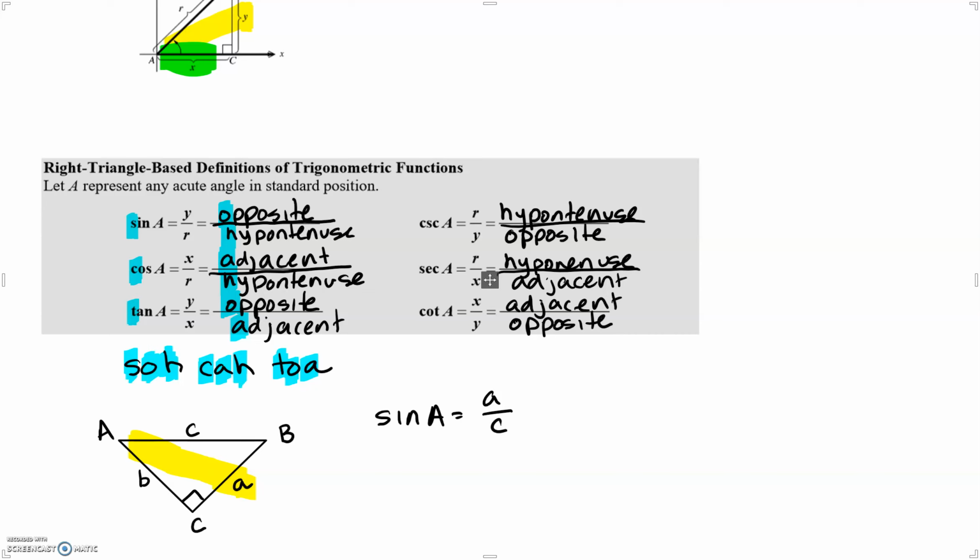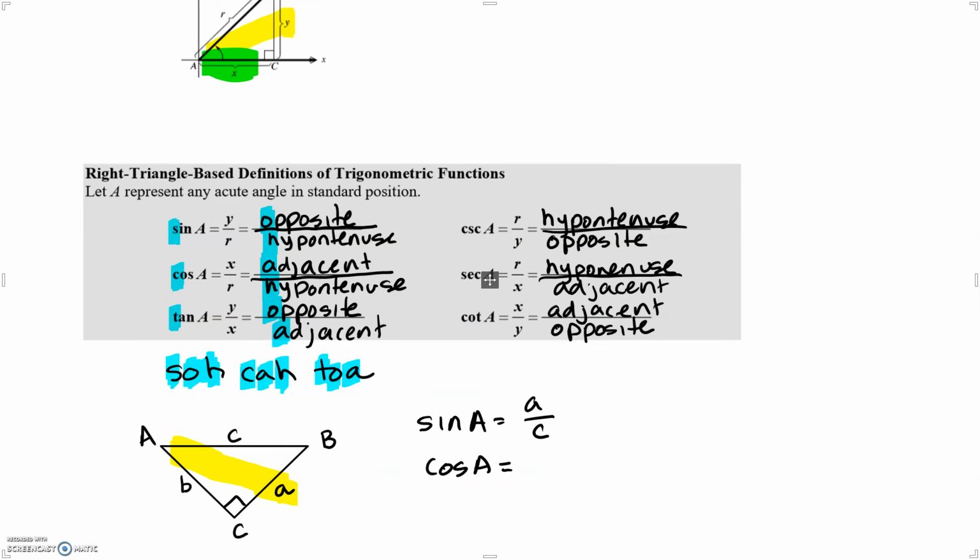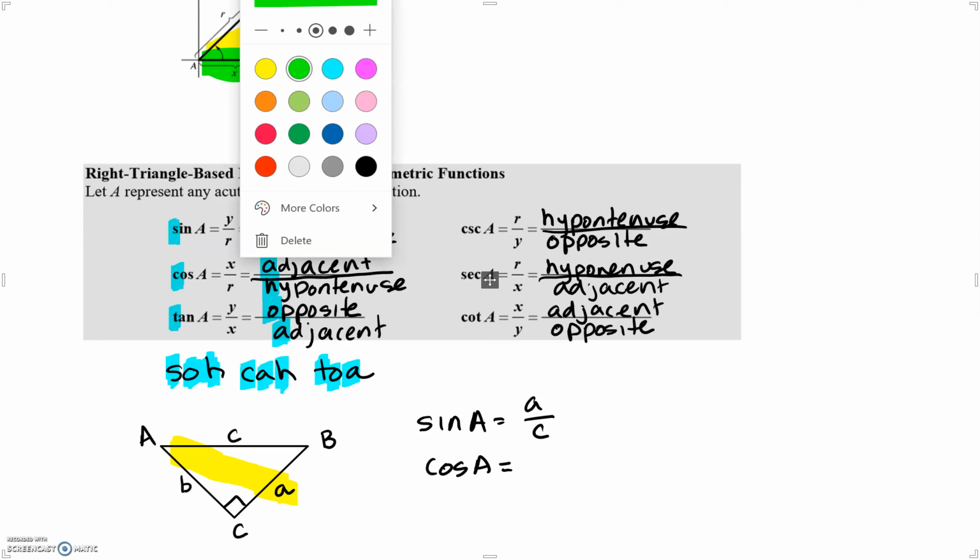It doesn't have to be x over r anymore. And then cosine. Cosine of A, again, let's do that in green.